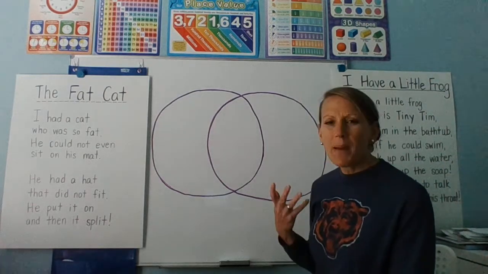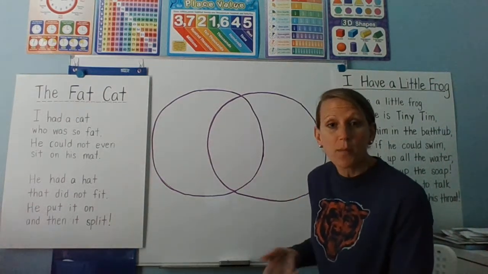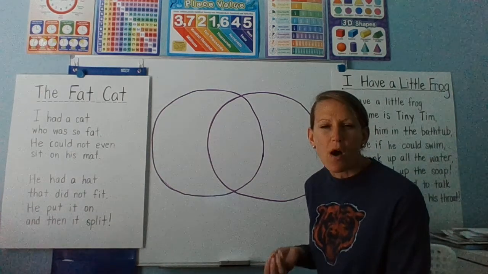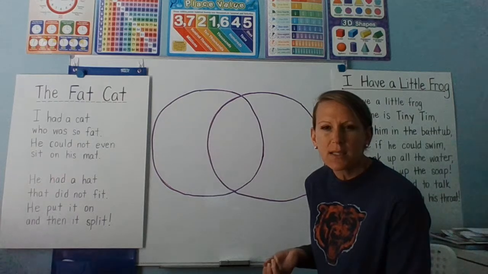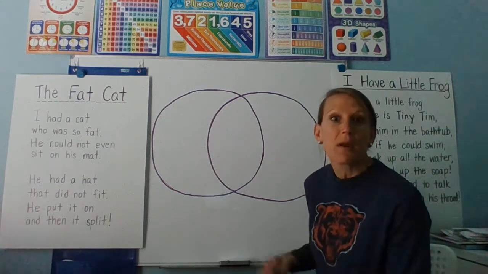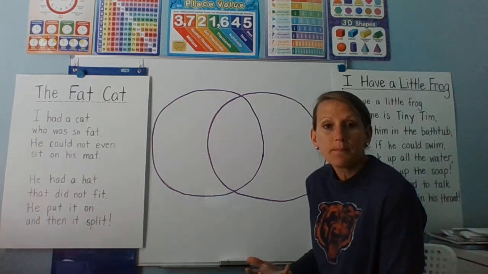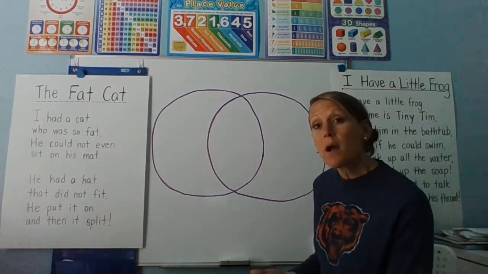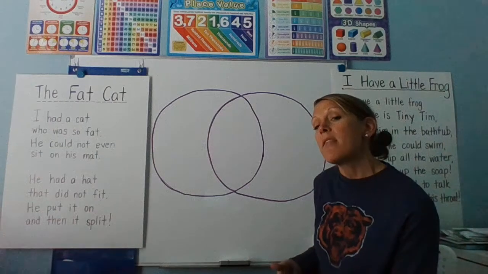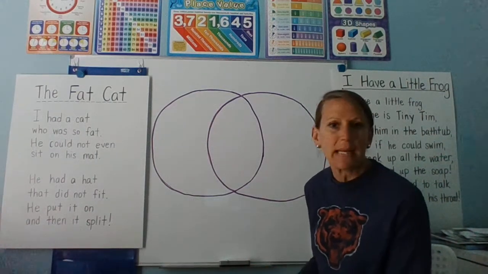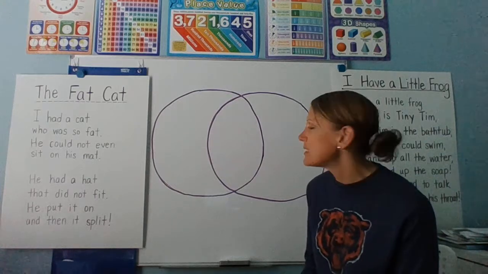So we can think about the content or what the poems are about, but we can also think about the craft or the author's techniques in using or creating this poem. So things that the author does in the poem, or ways of writing it, or we could also talk about things that are included, or the subject or the topic or the main idea of the poems.